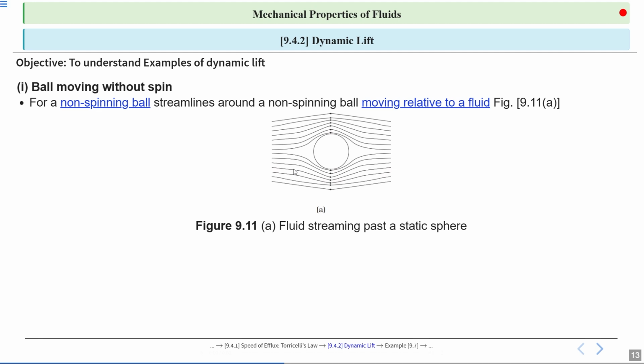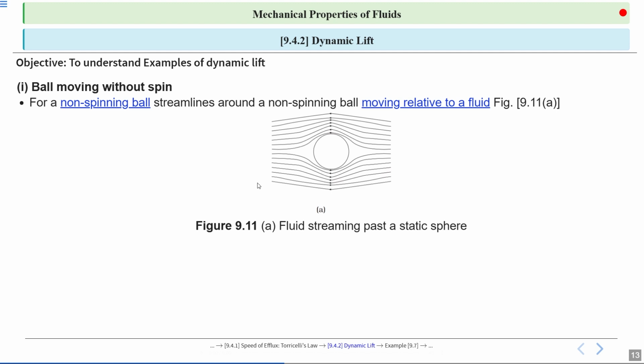Now, look at the streamlines in figure 9.11. Fluid streaming past a static sphere. For a non-spinning ball moving through a fluid, the air flows symmetrically around it.